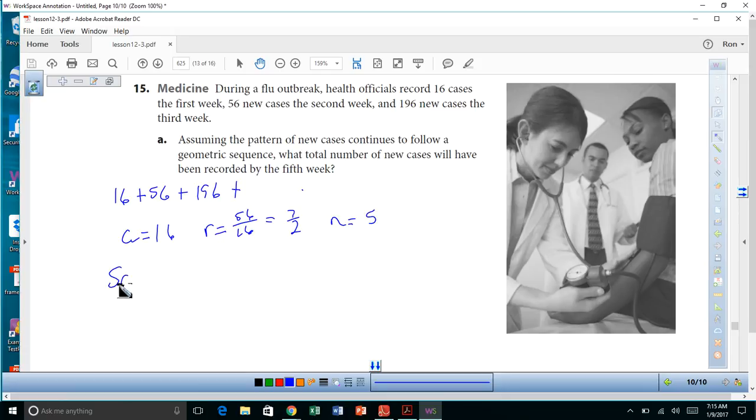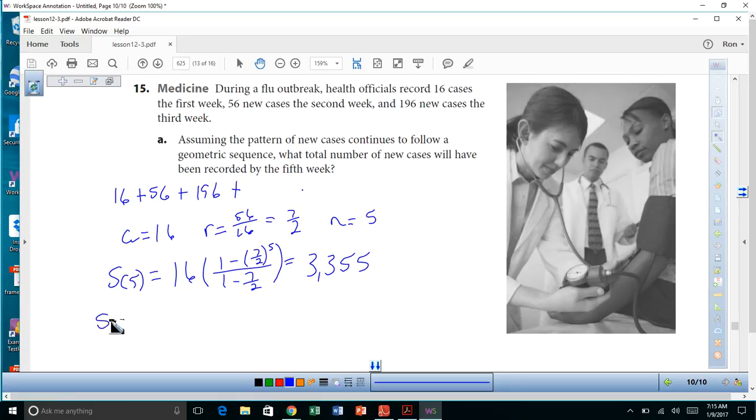So S of 5 equals 16 times 1 minus 7 halves to the fifth over 1 minus 7 halves. And that's going to be 3,355 if you put it in your calculator.